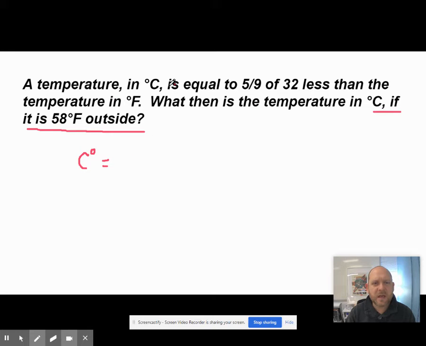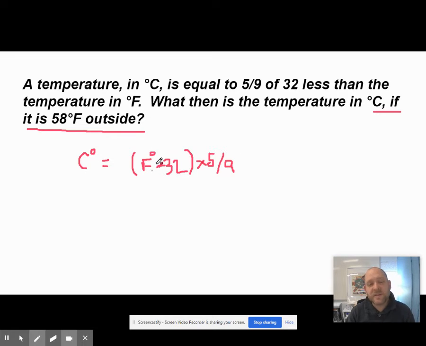Celsius is equal to 5/9 of, so we're going to multiply by 5/9, 32 less than the temperature in degrees Fahrenheit. So I take my degrees Fahrenheit, I'm going to take 32 away from it. Multiply that by 5/9, and I should get my degrees in Celsius.